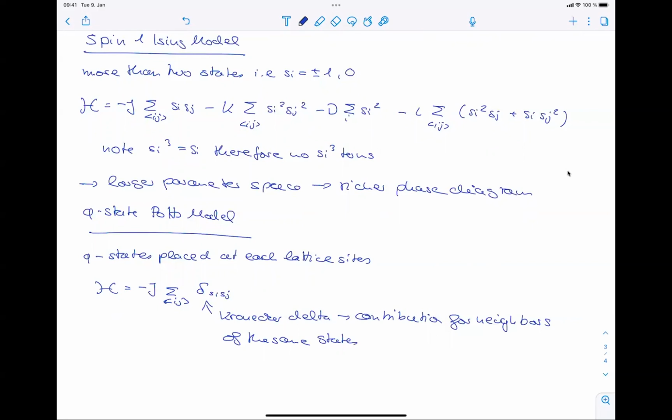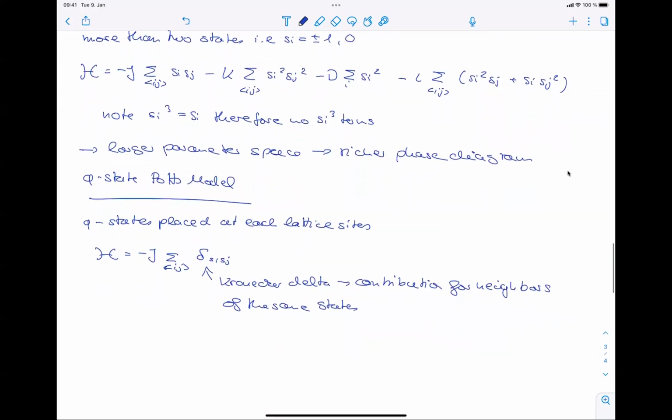A standard application would be, for example, demixing of two solvents. If you have two solvents together, how would they demix, right? So you have an interaction that drives them to favor being next to their kind, and so you can describe these phase transitions of demixing.